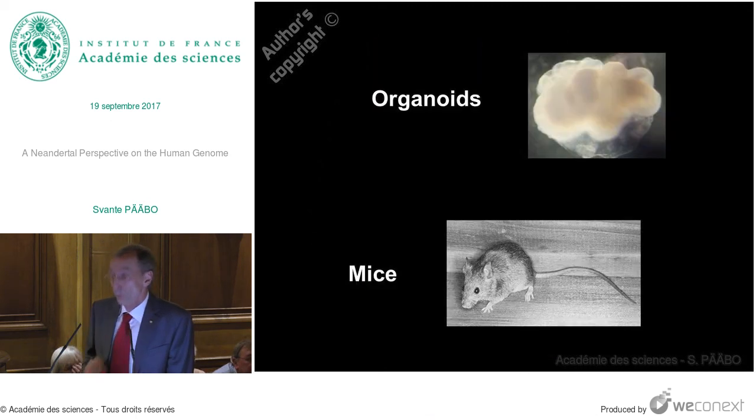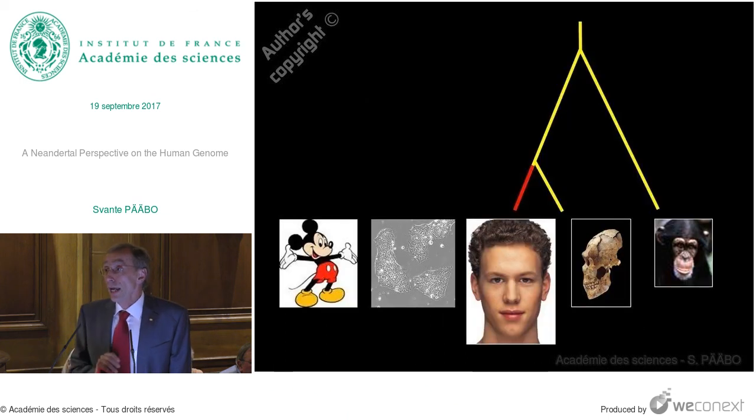So what we are now in the process of doing is, of course, to engineer in these changes into human stem cells to make these brain organoids and also put them into the mouse to study brain development, to see if that is involved in some aspect of brain development, these changes. So to end then, I hope I convinced you that if you're interested in human evolution, it's very valuable to have the Neanderthal genome.